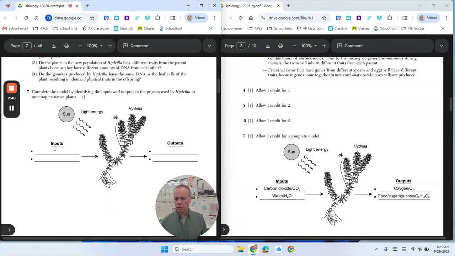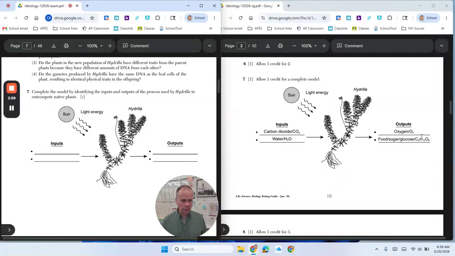Number 7 wants you to complete a model showing inputs and outputs. You have to fill this in completely correctly to get credit. The sun's energy is being used, and so that's clearly showing us photosynthesis. For the inputs, if you look at the scoring guide, you could either write out in words carbon dioxide and water, or you could use the chemical symbols CO2 and H2O.